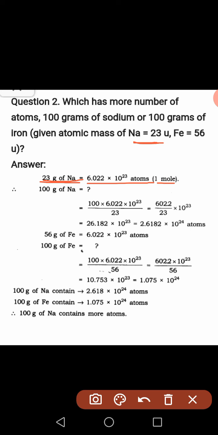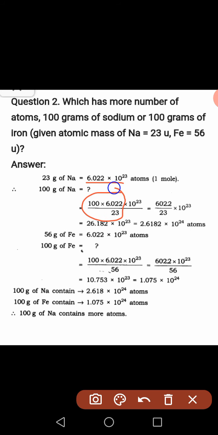We have to calculate how many atoms are there in 100 gram of sodium. Again the unitary method. 23 gram of sodium means this many atoms. So 1 gram of sodium will be this divided by 23.